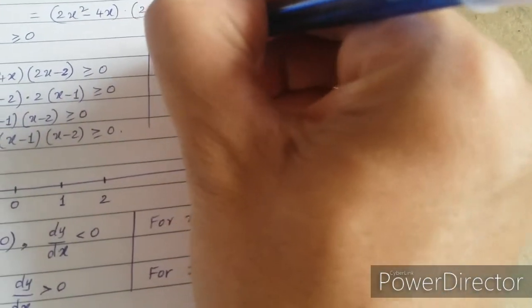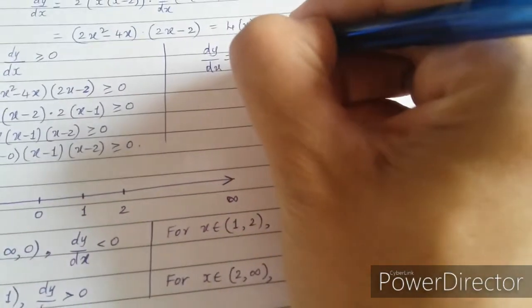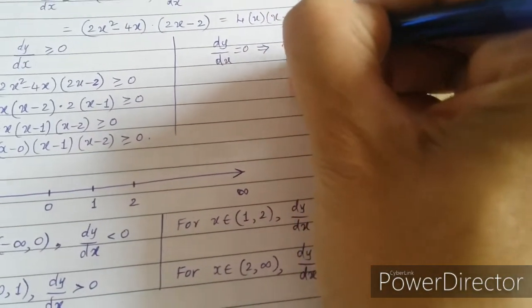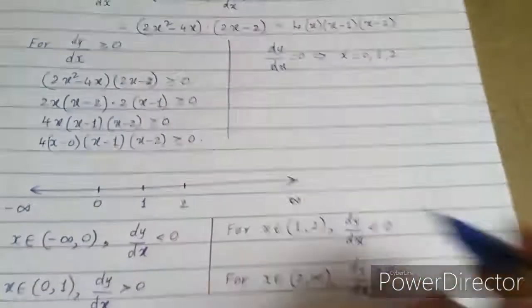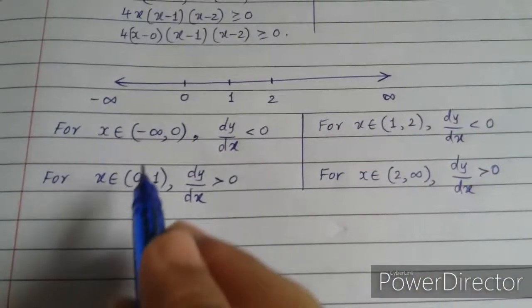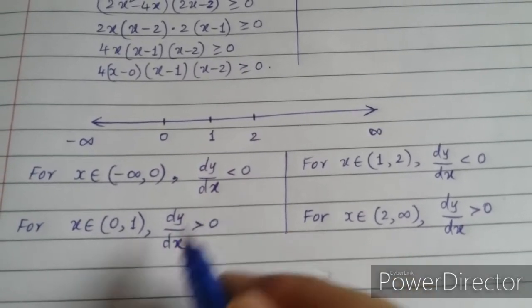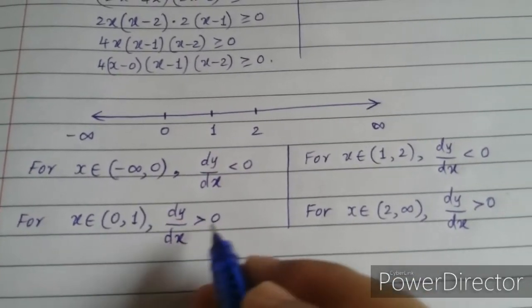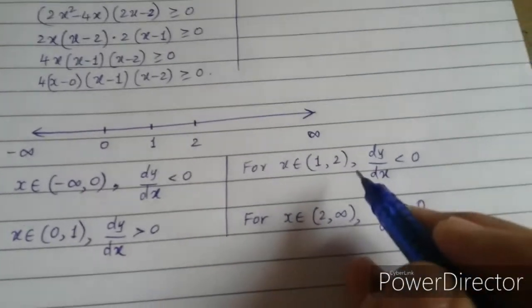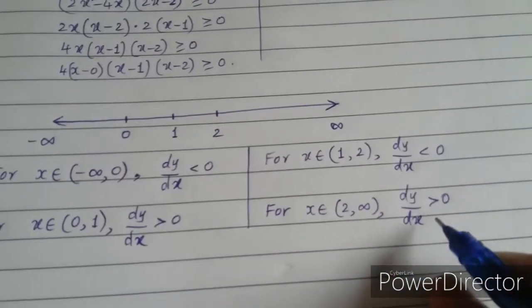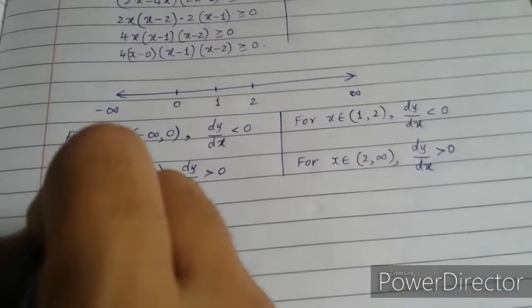dy by dx equal to 0 implies x is equal to 0, 1, 2, and these points are located on the number line. On observing, for this interval, the first derivative is less than 0. For this interval, the first derivative is greater than 0. For this, the first derivative is less than 0 and for this it is greater than 0.